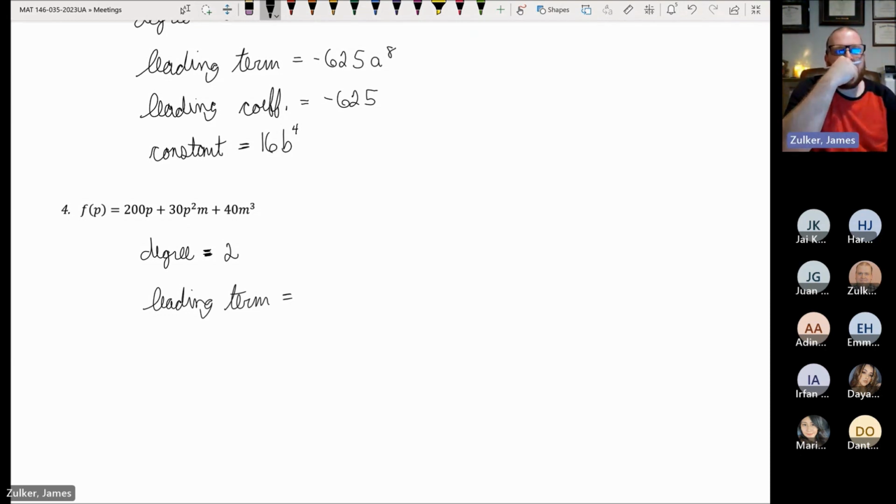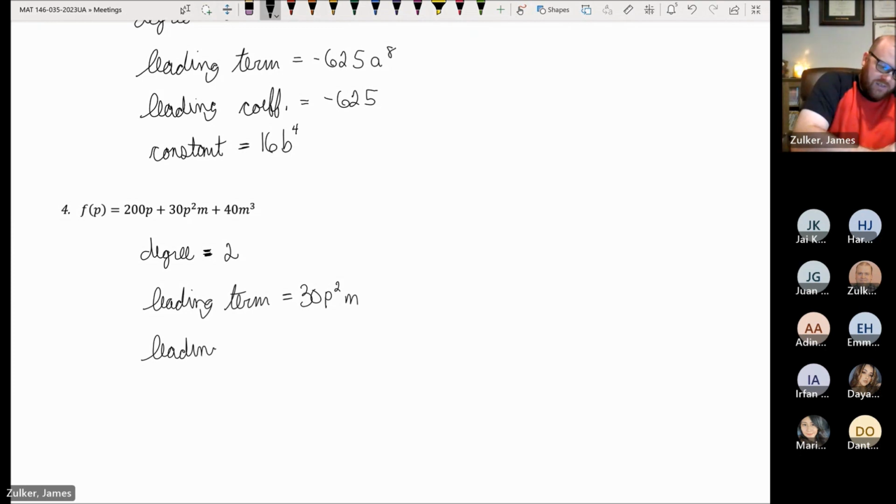What's our leading term? The leading term is 30p squared times m. What is the leading coefficient?